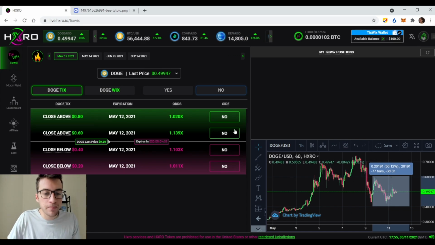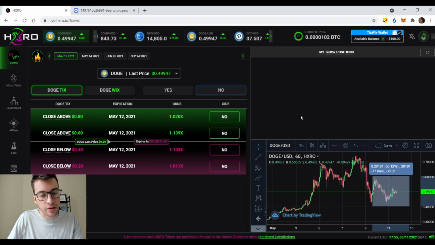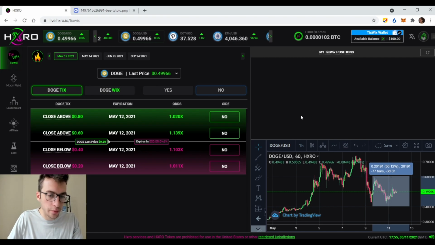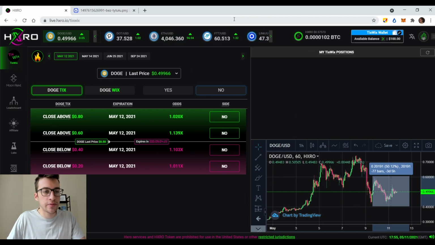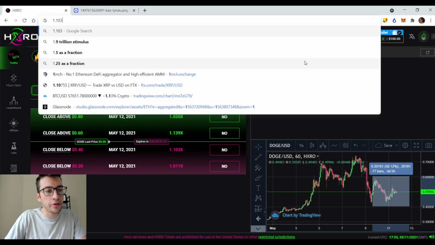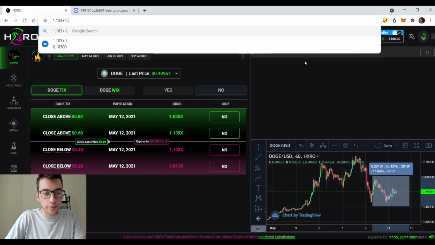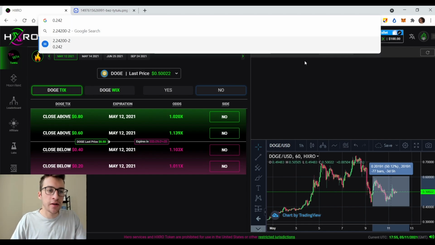We're going to make this plus this, so that would be an excess profit of about 0.24 by my math. I got that by doing 1.103 plus 1.139, which is 2.24. If I subtract 2, because that's the units that we use, 0.242 would be the excess profit.